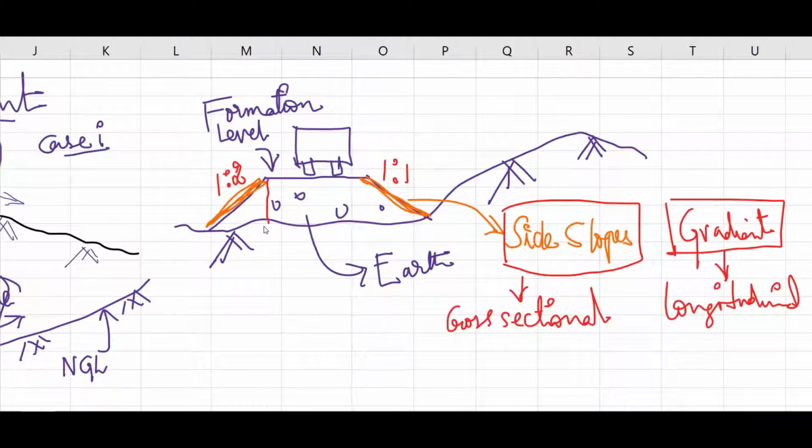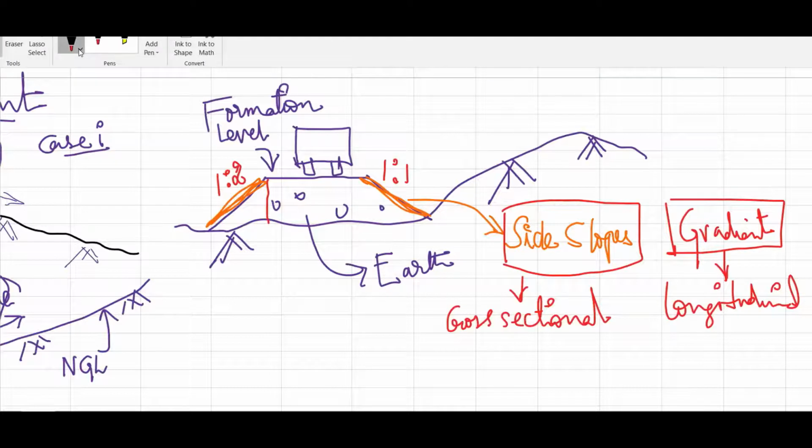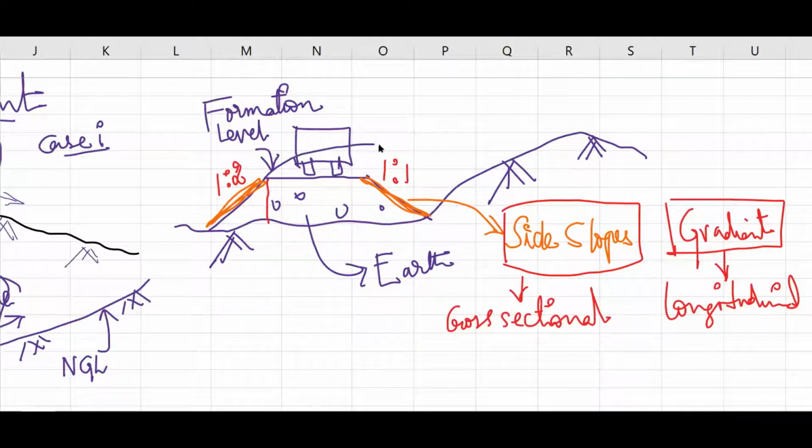So there is an angle of repose. Some slope it attains naturally. Even the formation level, you cannot keep exactly straight, it is impossible. So we'll provide some slope. We have to do it. So this may be the road going like this.